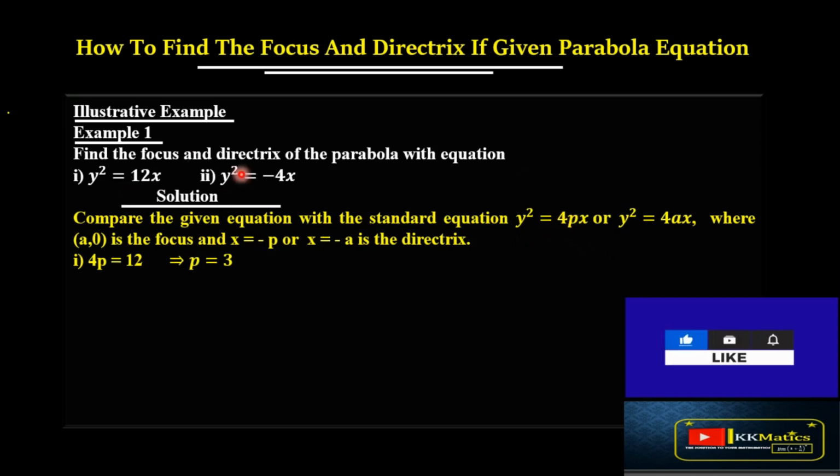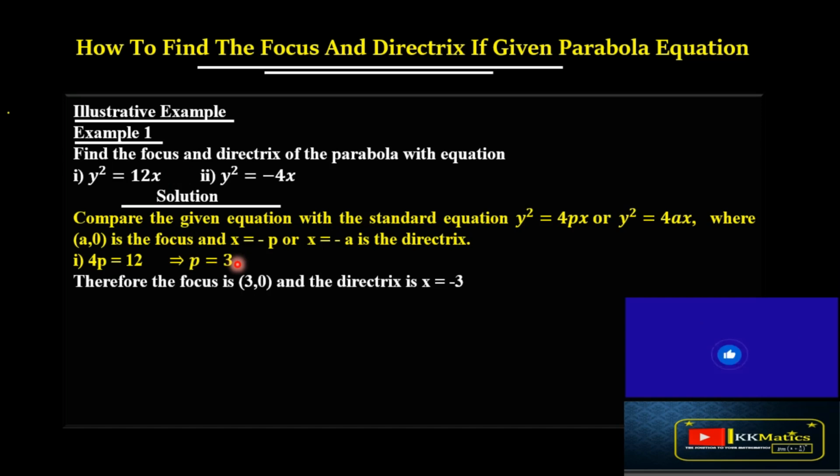That gave us the opportunity to find our p, which is equal to 3. Therefore, the focus is 3 and 0, and the directrix is x equals minus 3.